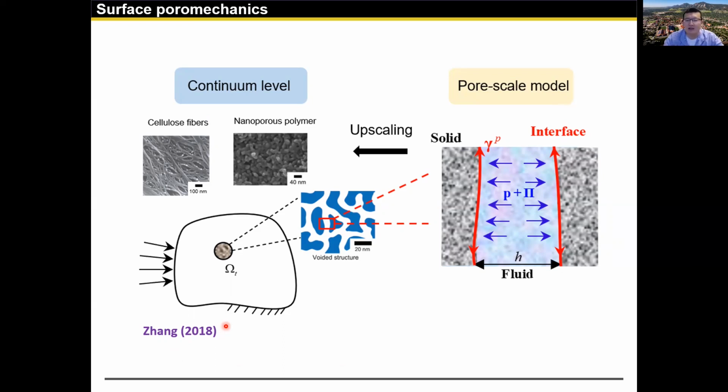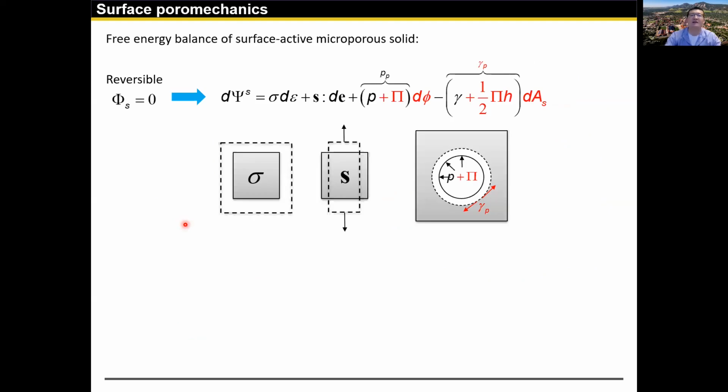So once we do that, you can automatically recover these pore scale forces, such as surface tension, in the free energy balance of the solid skeleton, which is useful for modeling the Bangham effect. So the question is whether the micropore energetics can also be recovered in the same framework. We go through a lot of math, and indeed we found the free energy balance of the surface-active microporous solid can be written in this way.